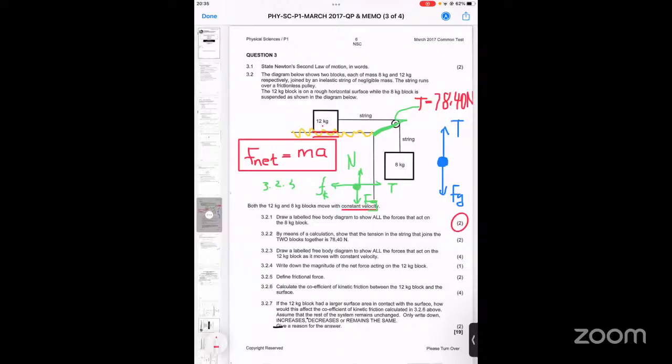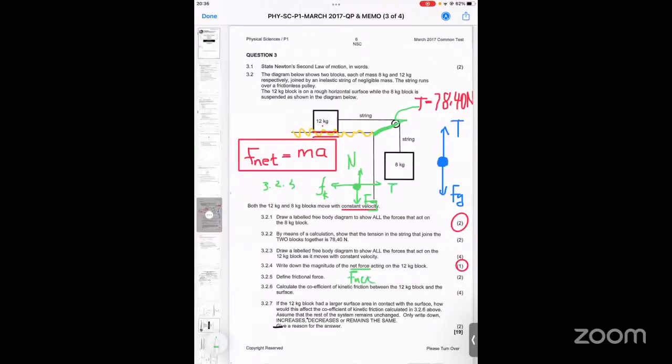So guys, you see, this question is allocated 1 mark. First thing first, it's allocated 1 mark. And what are they talking about? They are talking about a net force. So what you should do is to say, what is the formula for net force?